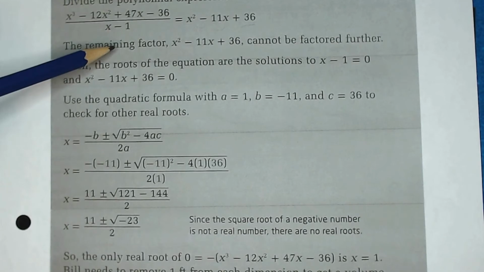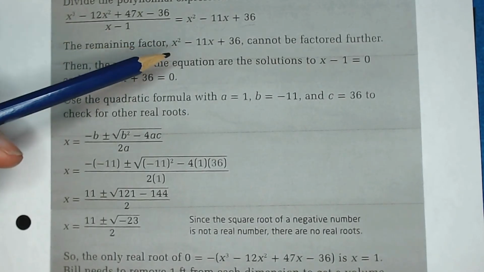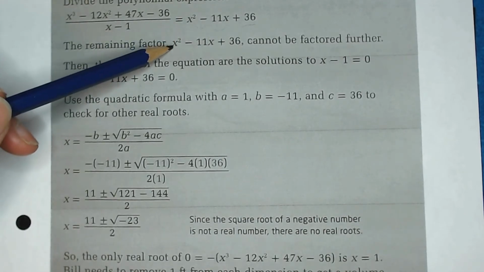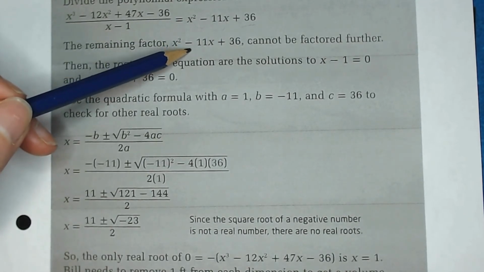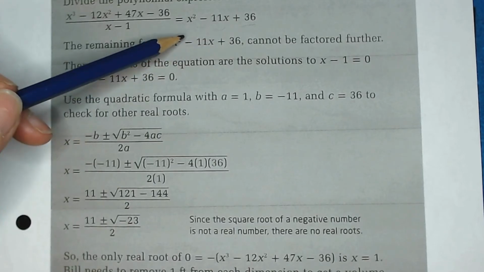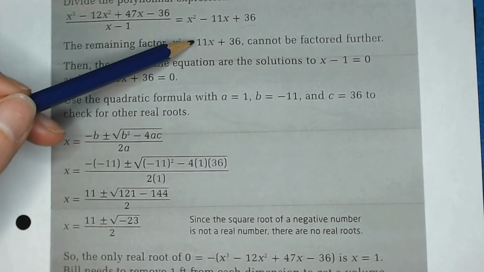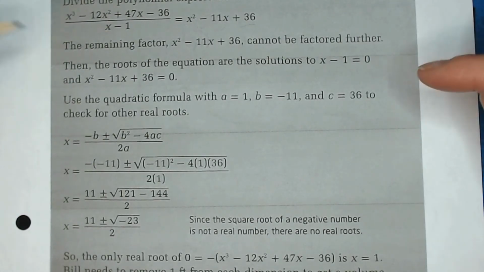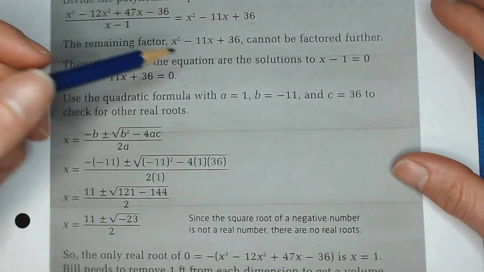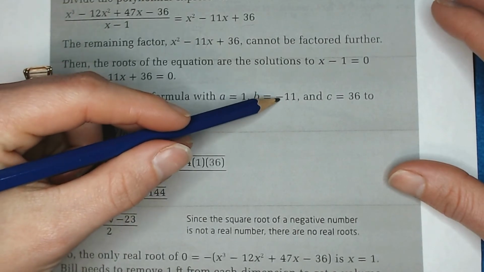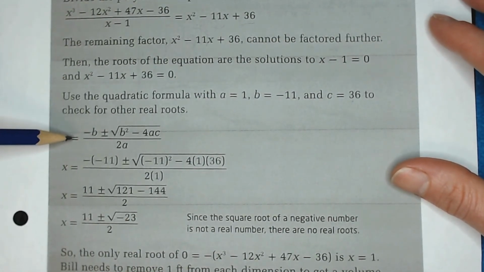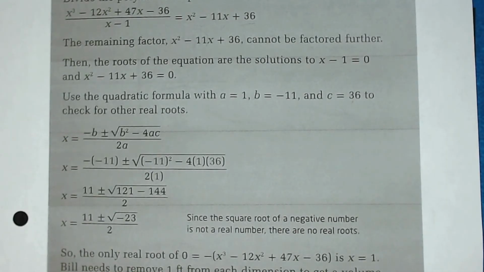When we have our polynomial written in the form ax squared plus bx plus c, a is 1 here, b is negative 11, and c is 36. They're outlined down here actually. Then you just fill in the quadratic formula and solve for the possible values of x.